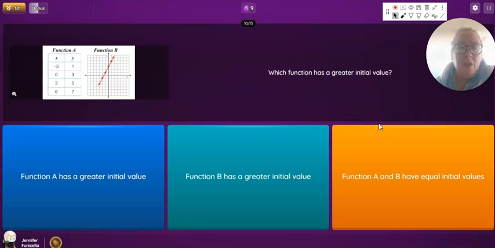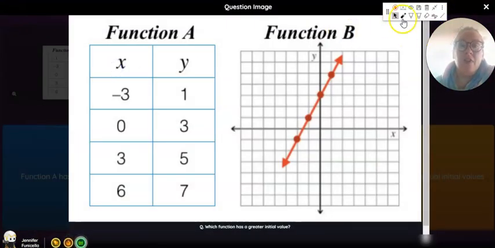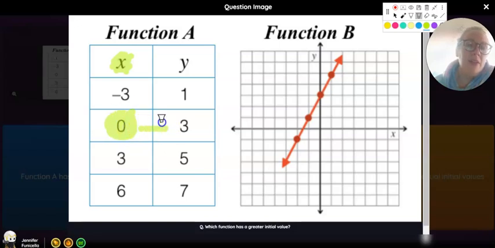Brilliant. Question 10, which function has a greater initial value? So again, that initial value is when our x is equal to 0. So here's our x values in the table. There's our 0. And when it's 0, our y is 3. So our initial value for function A is 3.